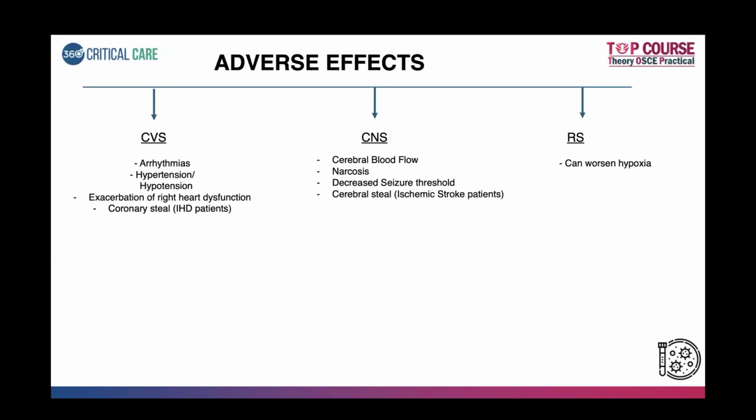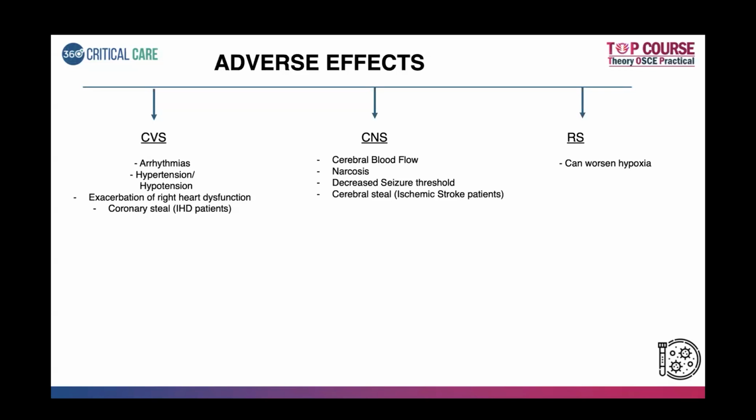In CVS, it can cause arrhythmias, and it can cause hypertension or hypotension, through the mechanisms which I had explained previously. It can cause exacerbation of right heart dysfunction, and it can cause coronary steal in ischemic heart disease patients.